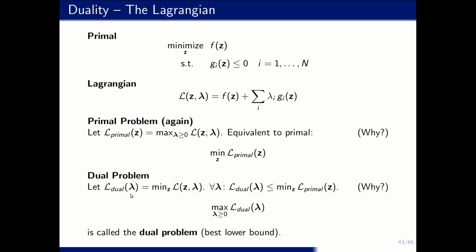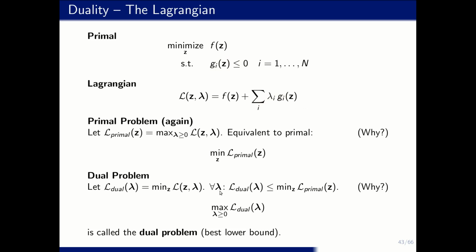Now I claim for any lambda you want to pick, this function is a lower bound of the optimal value of your primal problem. And can you see why? Again, I'll tell you why. Here we have the Lagrangian, and this L dual is just the minimum over the Lagrangian. As long as we have at least one feasible point, this feasible point will give some value for f, and the feasible point will give a term here which is only negative, for any lambda larger or equal to 0.